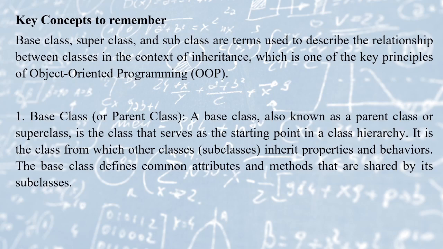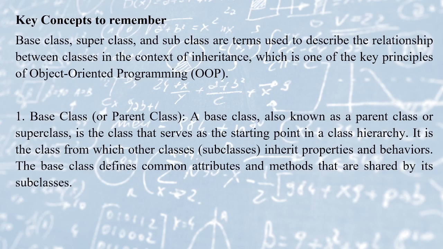Sometimes we use the word superclass, sometimes the word base class. Why did I put it separately? Because we have a keyword called super. That's why I'm putting it aside and making it look a little different, but they are actually the same. I'll come to the example and you'll know that base class and superclass are the same thing.